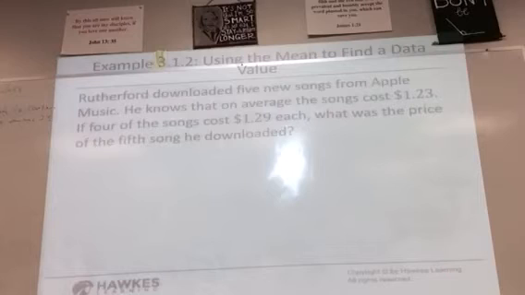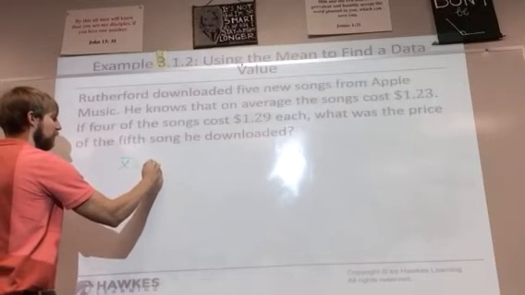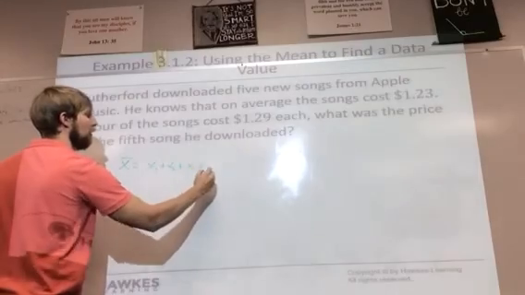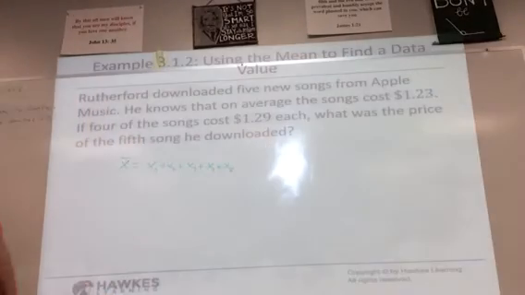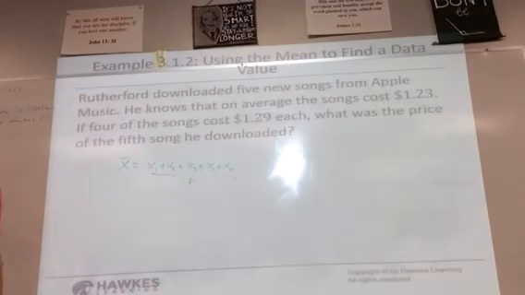So this kind of goes back to thinking about when we wrote out x bar equals the first x plus the second x plus the third x plus the fourth x plus the 5th x, and it kept going to however many there are, over the number of things that there are.